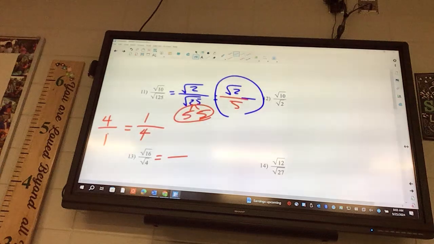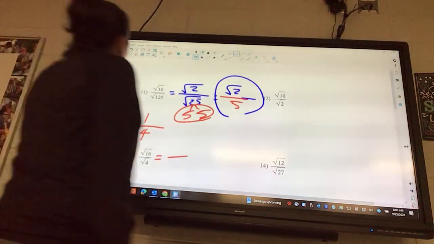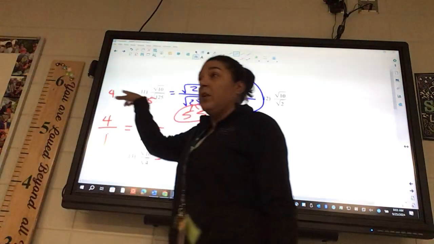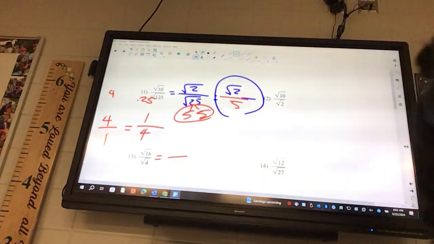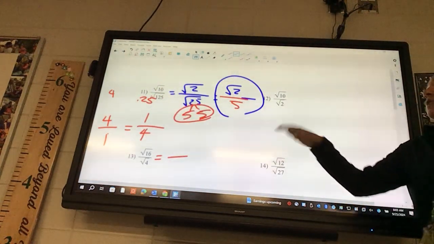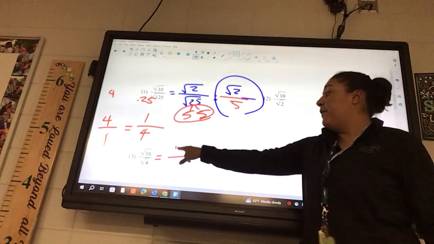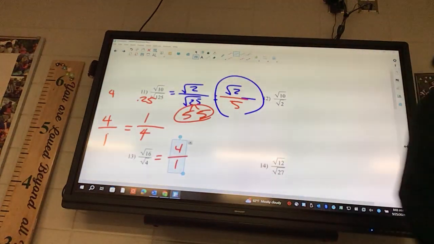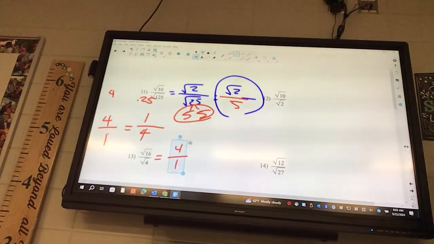So 1 over 4 and 4 over 1 are not the same thing. Okay? This is 4. This is 0.25. So 25 cents versus $4. They're not the same thing. So when you get something and it's a whole number, it goes on the top. And if there's no number on the bottom, it's a 1. Any number you can put over 1. It doesn't change anything.